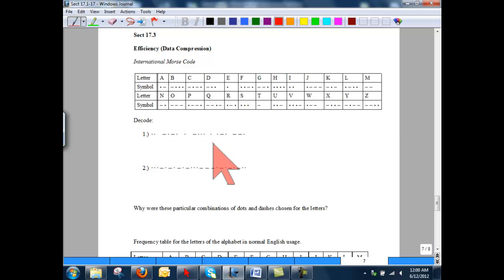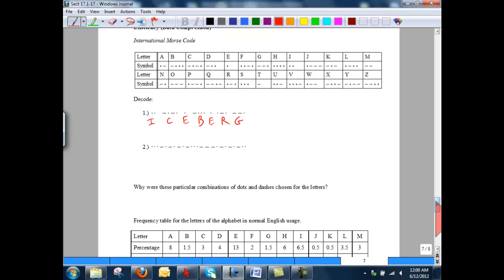So suppose here is a stream of dots and dashes received. What was the message sent? Let's see, 2 dots is an I, and then there's a C, and then an E, and then B, E again, R, G. So for something from the late 1800s, early 1900s, being able to send the message iceberg to another ship might have been a very valuable piece of information.